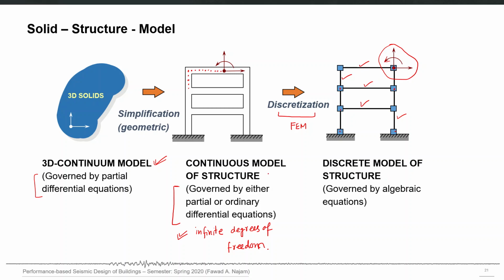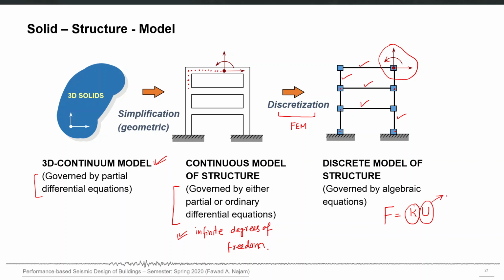In contrast to the continuous model of a structure, this discrete model is governed by algebraic equations, and this can be solved by F = Ku. We can construct the global stiffness matrix of this structure, apply any forces on its nodes, and we will get the resulting displacements at the nodes.